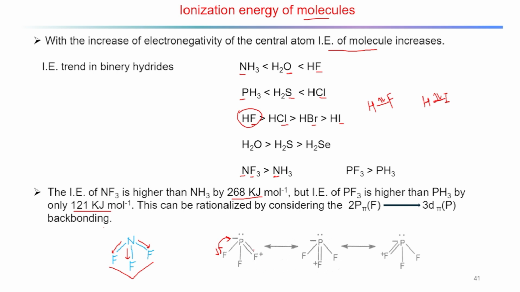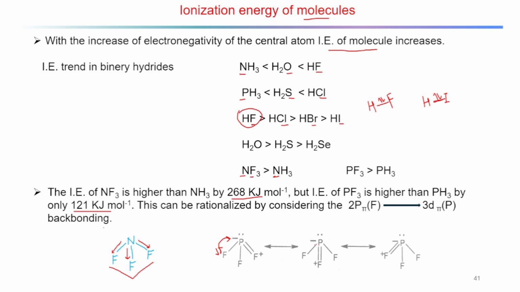You can see here is a double bond. F plus means fluorine has given its electron to the phosphorus, and all these fluorines from time to time can give their electrons to the phosphorus. So this is called p pi d pi back bonding. Fluorine is giving back electrons to the phosphorus.